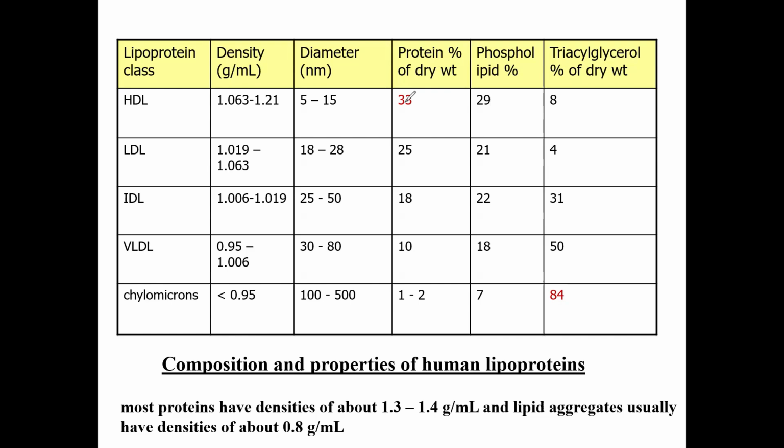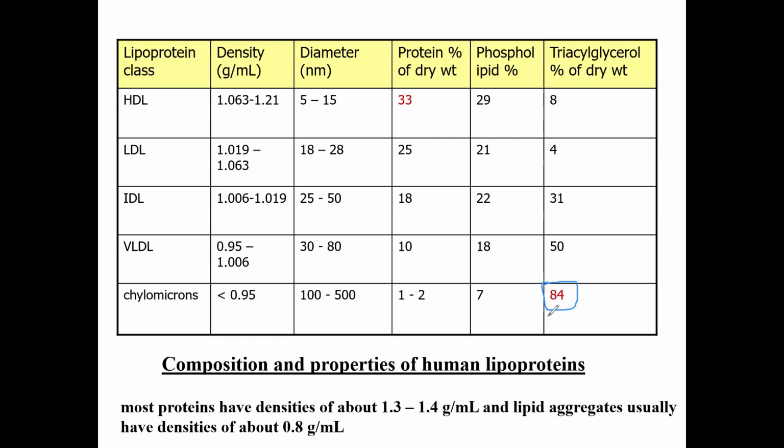So it means that chylomicrons accommodate most of the triacylglycerol. You should be able to identify which one has the highest protein, which one has the highest phospholipids, as well as the triacylglycerol.